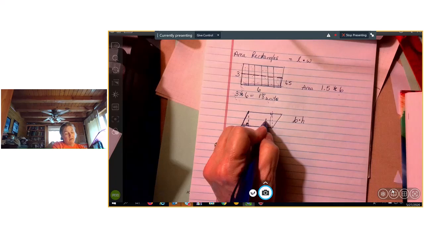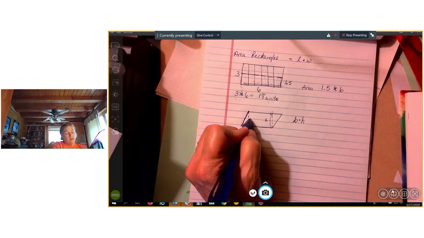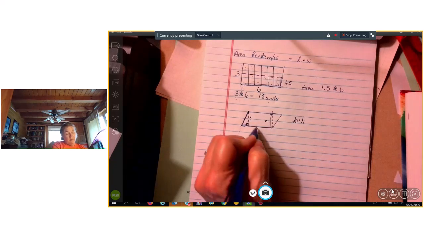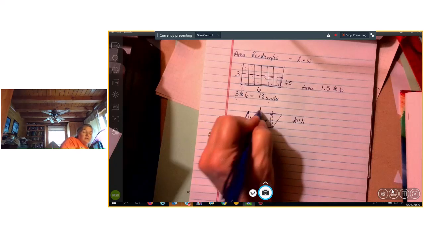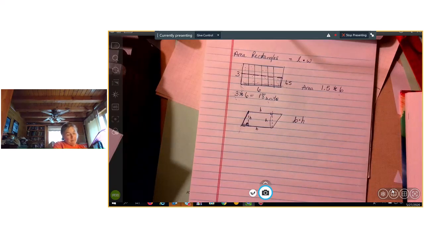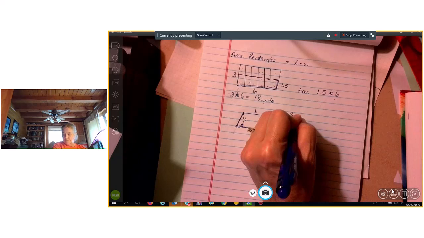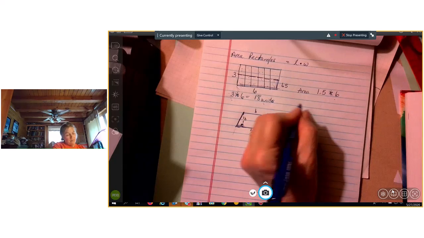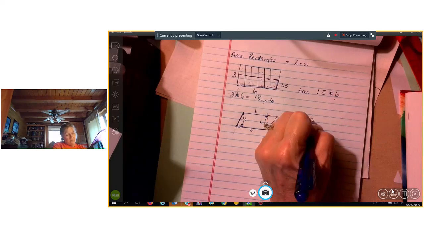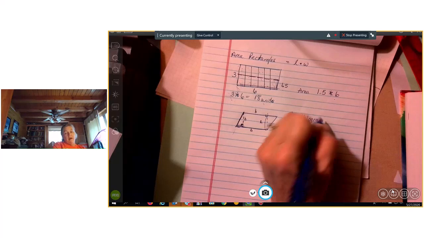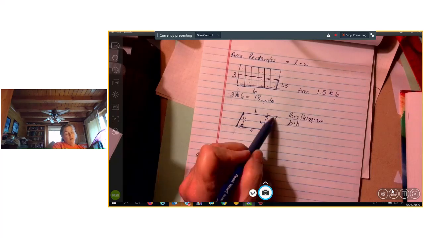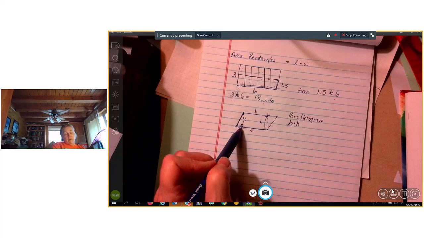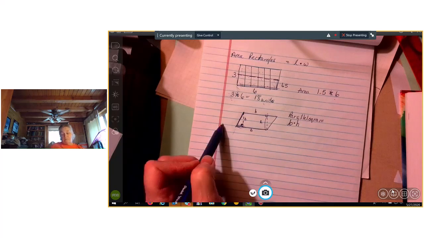So this is labeled H. This is also labeled H. And the B can be either one, because if it is a parallelogram, then the bases should be equal and the heights are going to be equal. The other sides are equal to here.